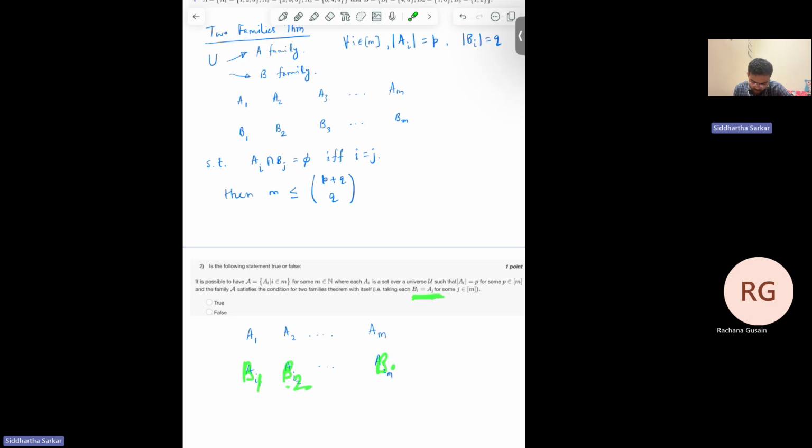So you will obtain M sets, but these M sets are nothing but from the family A itself, just a permutation. Then the two family theorem condition should be satisfied. And if this statement is false, then it is not possible to obtain such a permutation at all.